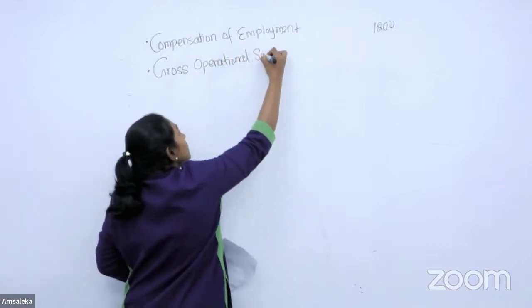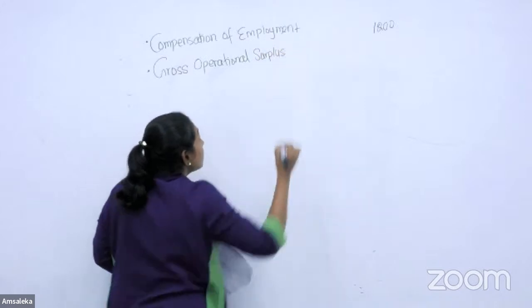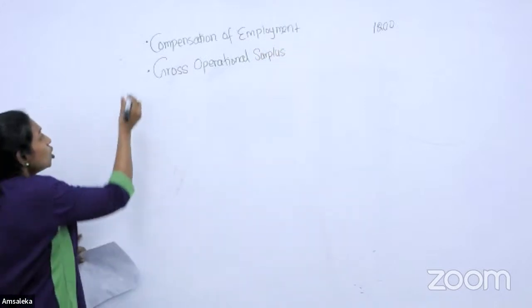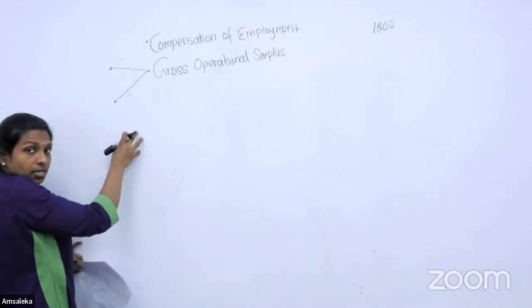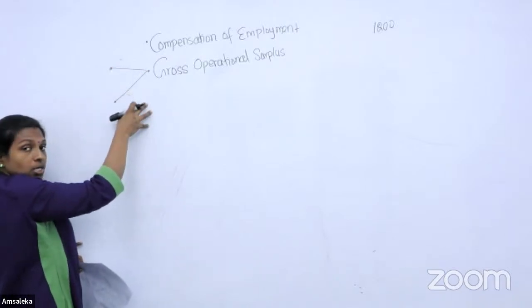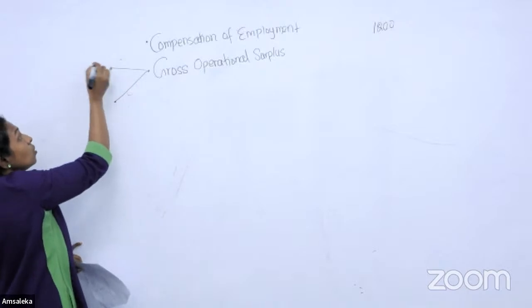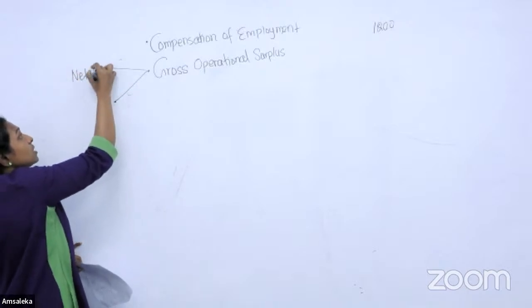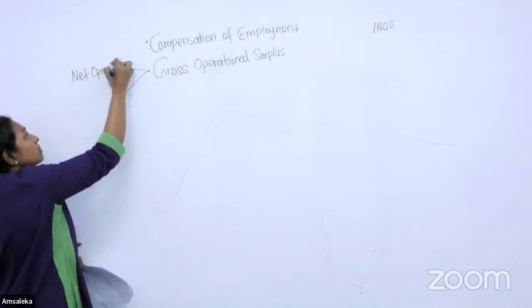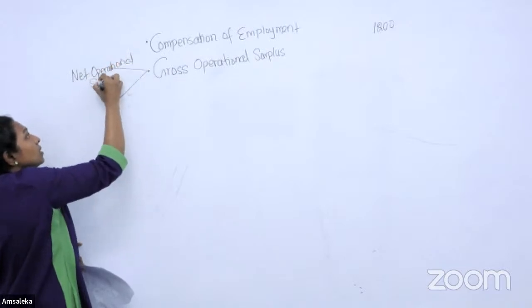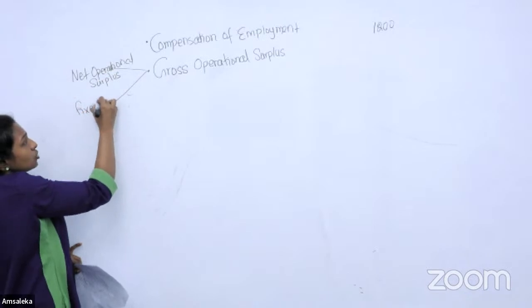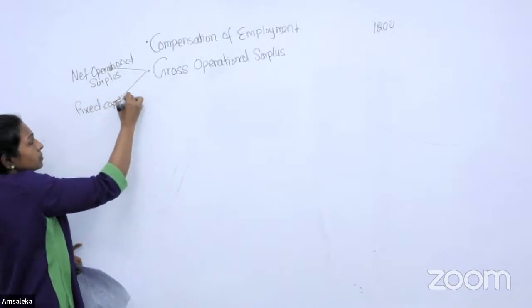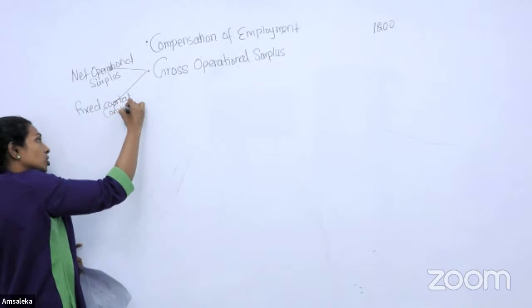Number 2 is about what, dear? Gross operational surplus. Remember, gross operational surplus has two different components: net operational surplus and fixed capital consumption.